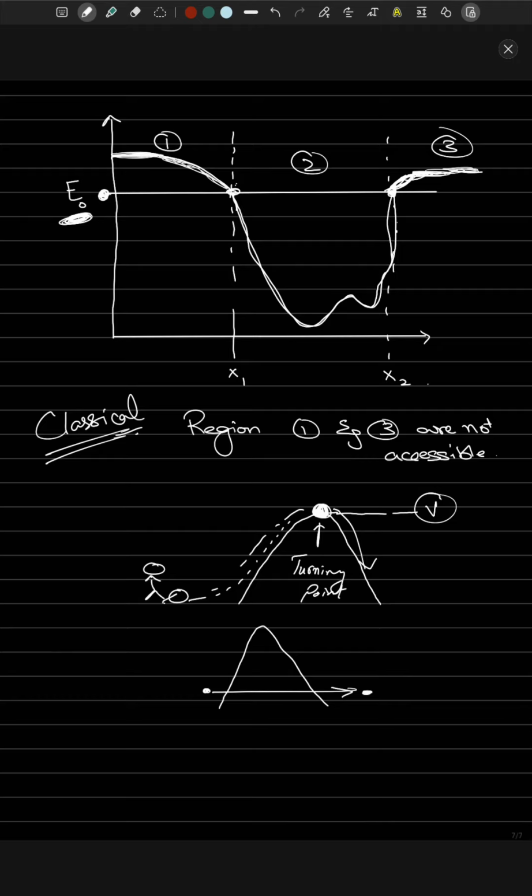Another very good example is why the sun shines. The sun basically shines because of quantum tunneling effects. If quantum tunneling was not possible, life would not exist.